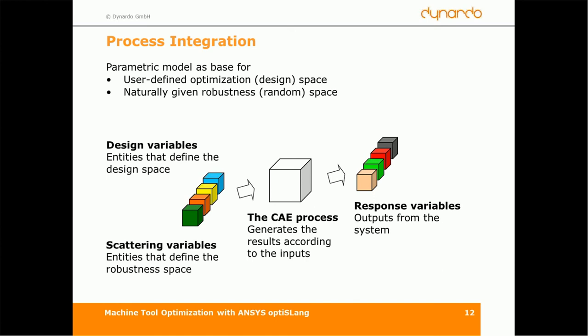Or we may also consider scattering variables, which should represent uncertainties we want to analyze in a robustness analysis. Then the CAE process is treated as a black box, so we just modify the input parameters. optiSLang will execute the process, which may be not just a single model, maybe different models in a row or in parallel. And then we get several output variables from different domains if we have analyzed them.